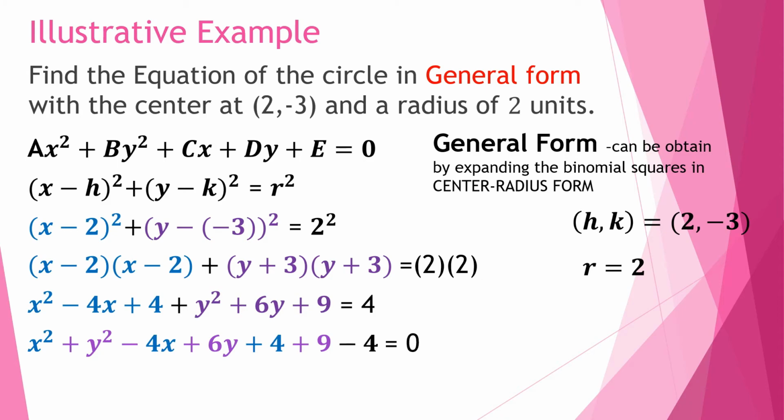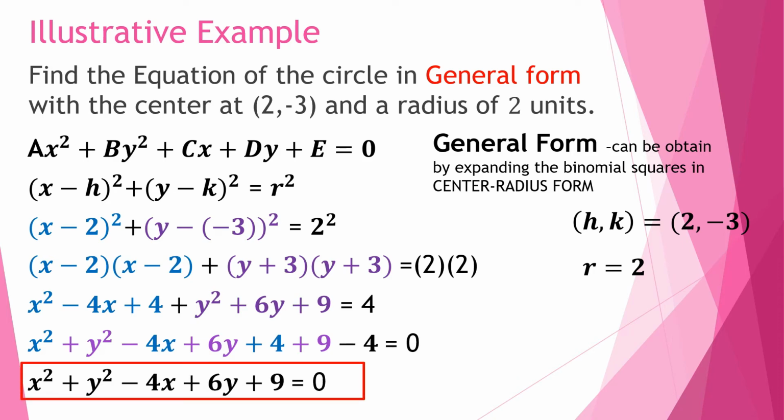Then all we have to do is combine everything that we can combine. We can combine 4 plus 9 minus 4, and that will give us x squared plus y squared minus 4x plus 6y plus 9 equals 0. And this will be the general form of the equation of a circle with center at (2, -3) and a radius of 2 units.